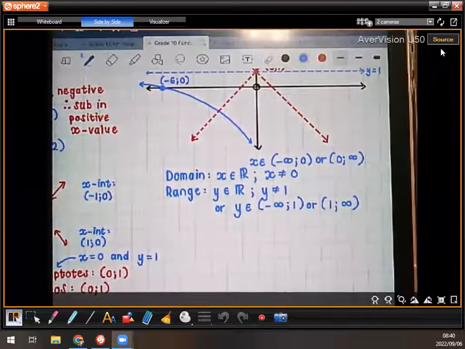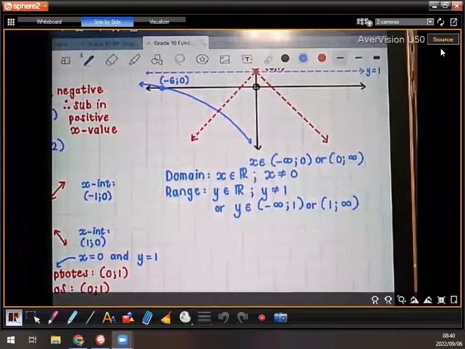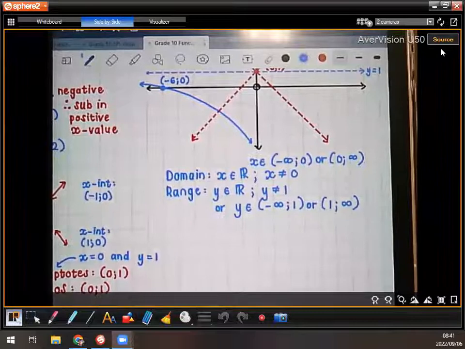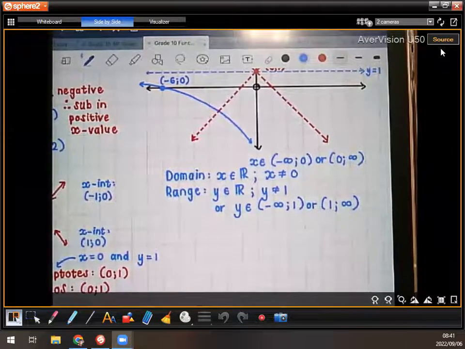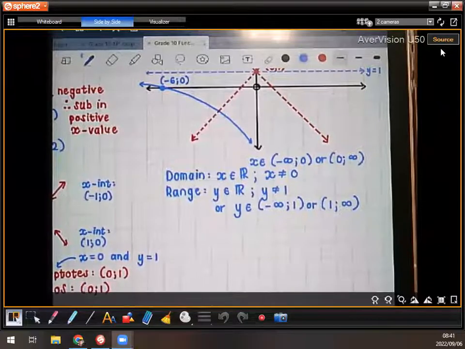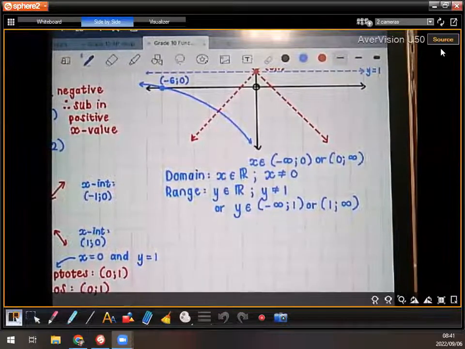And then the other thing is finding distances on the graph as well. So there are 3 things that we must still do before the test. There is one more type of graph, guys, exponential graphs, but that is not going to be in the test, so we're only going to do it after. Oh yes, we have to do that as well. Yes, thank you. That's quite important. We are going to do that as well.